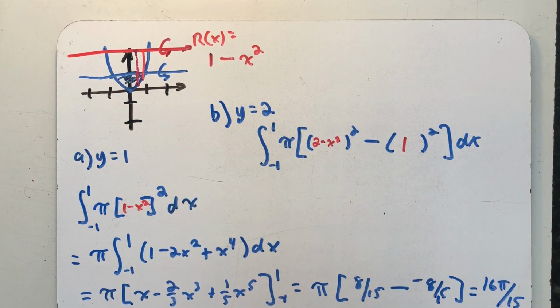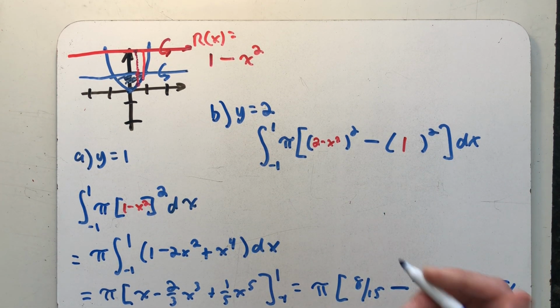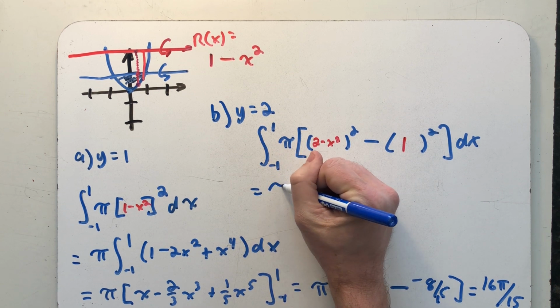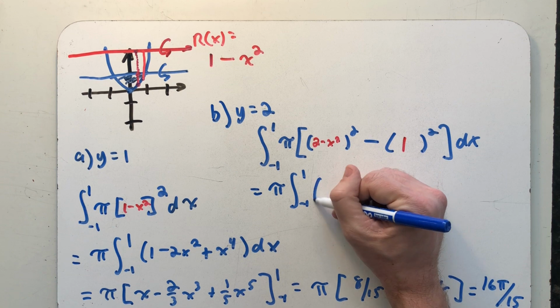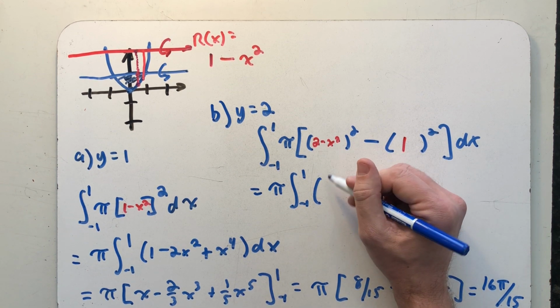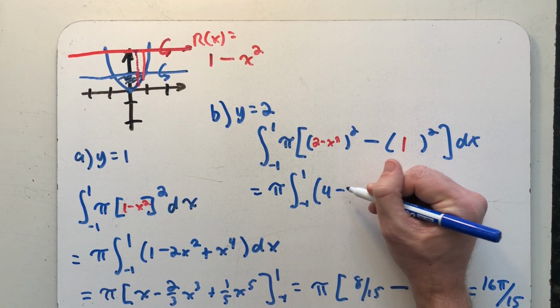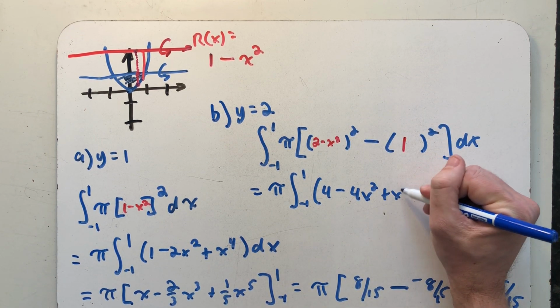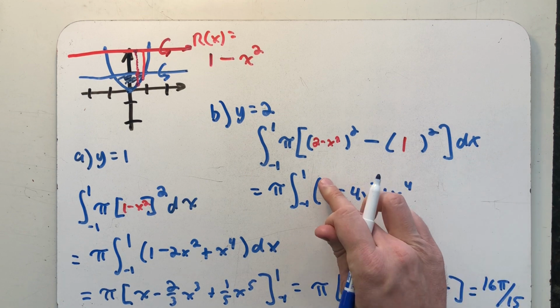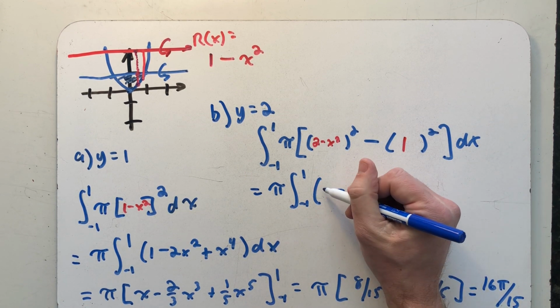All right, I'm ready to evaluate this definite integral to find my volume. All right, so I need to expand this. So I have 4 minus 4x squared plus x to the fourth minus 1, which I'm just going to combine up here and make that a 3.